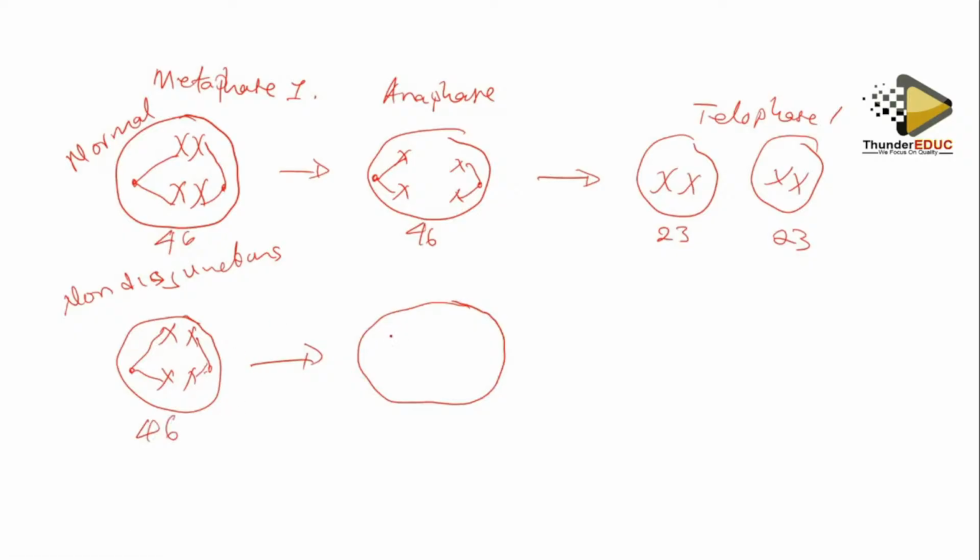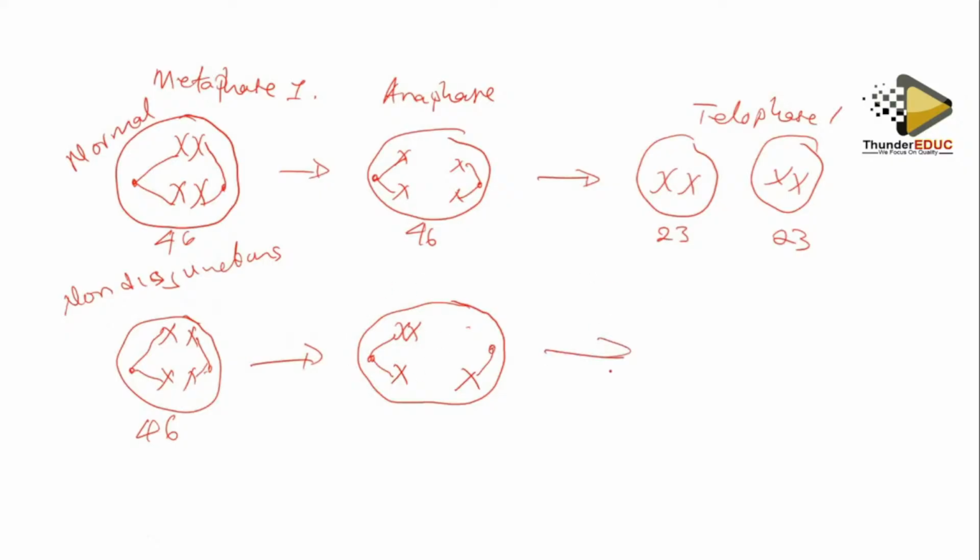What's going to happen is that this whole set is going to go to one side. The spindle fibers are going to fail to contract from this other side. It pulls this one, but this one is going to go on one side.